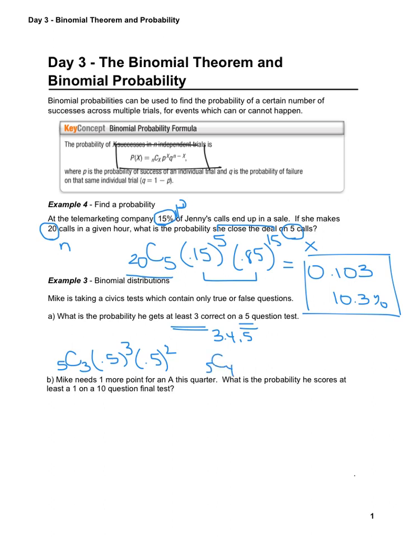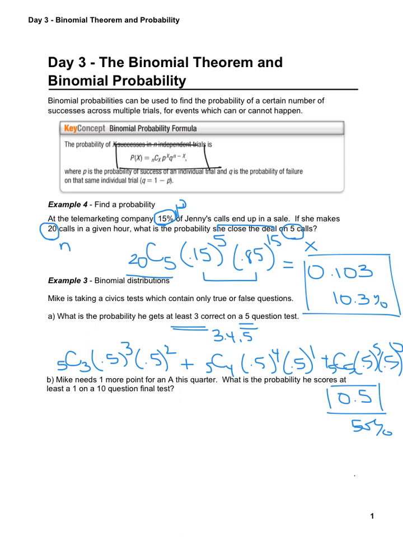Then we set up the binomial probability for getting exactly 4 correct. If he gets 4 correct, he needs to get 1 incorrect. And then we have 5 choose 5, 50% to the 5th, 50% to the 0. That would be he gets all 5 correct. Then we add those 3 situations together, and surprisingly enough, we wind up with 0.5, or 50%.